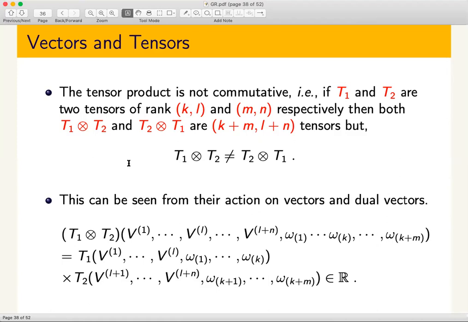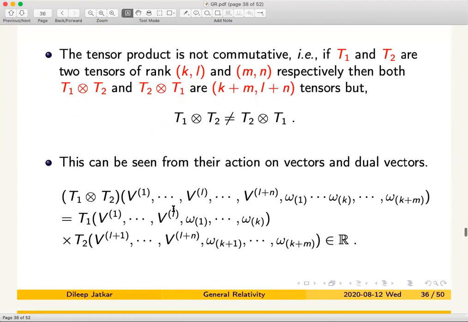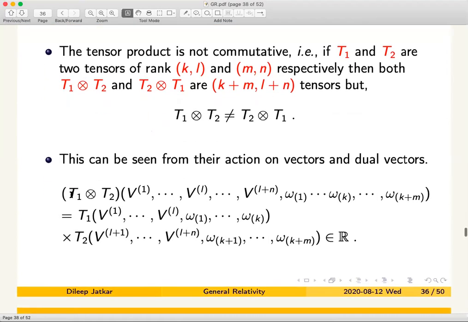Whereas T2 will take the L plus 1 to L plus N vectors, picking up N contravariant indices to which the covariant indices will contract, and the K plus 1 to K plus M omegas, which are M covariant indices to which the M contravariant indices of the tensor would contract. This is the way you would get a number when you have T1 tensor T2 acting on this collection of vectors and dual vectors.